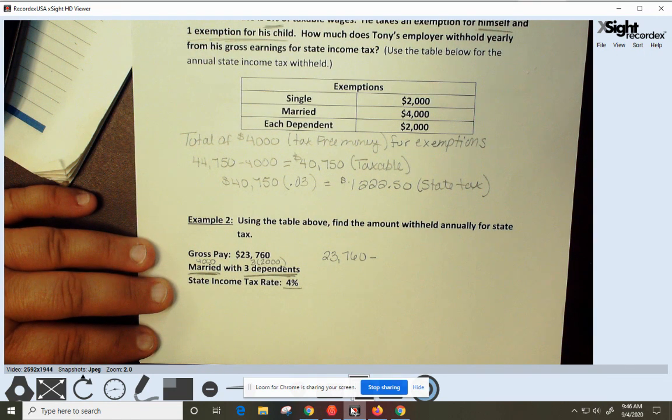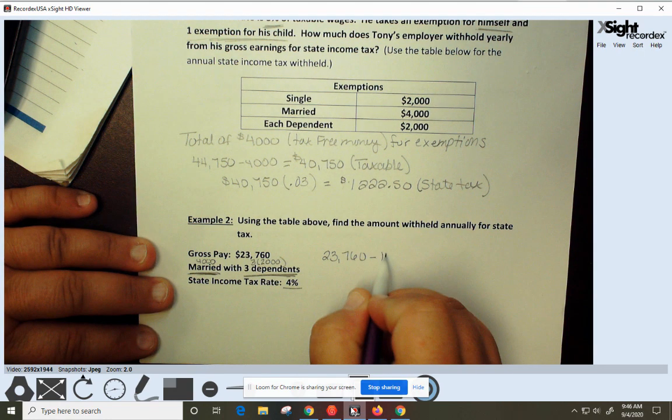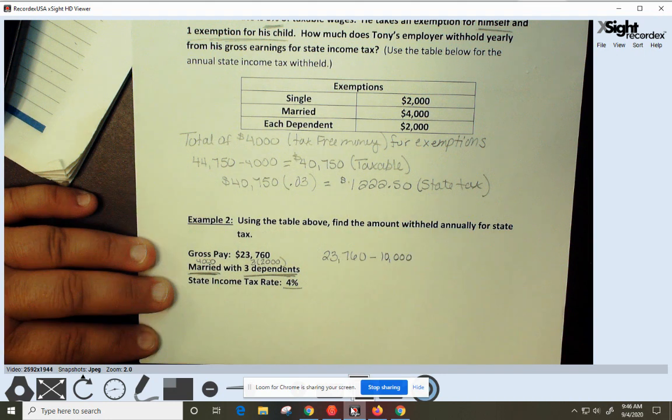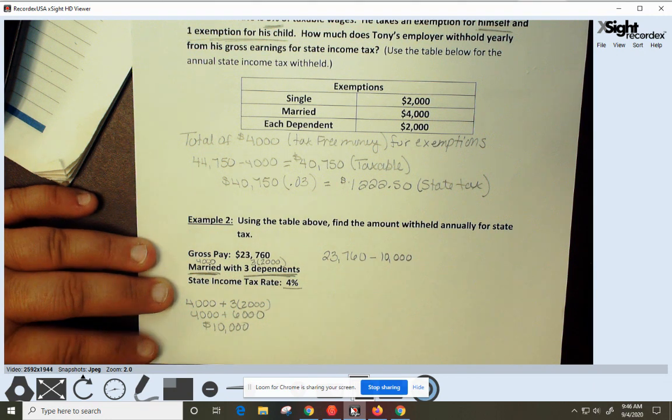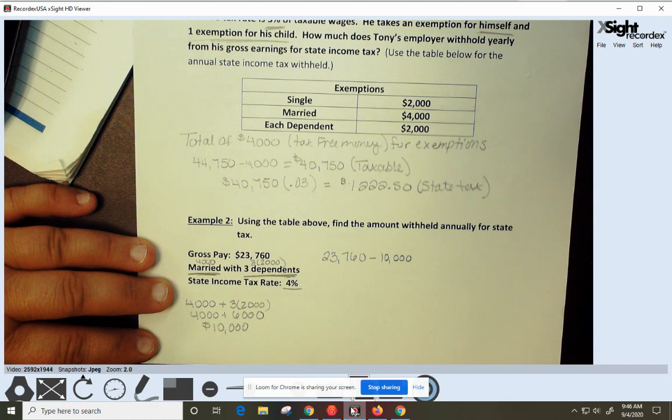So 2,000 times 3 is 6,000, plus another 4,000. He gets to take off $10,000, because we have our 4,000 plus our 3 times 2. So there's that $10,000 he gets to take off as basically tax-free money.